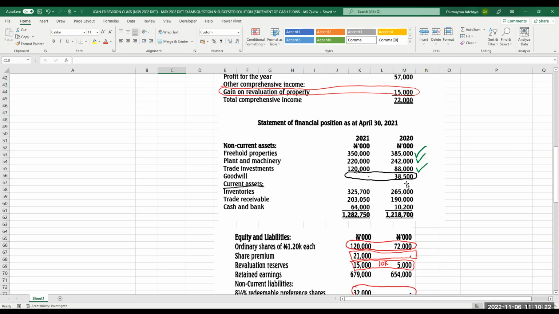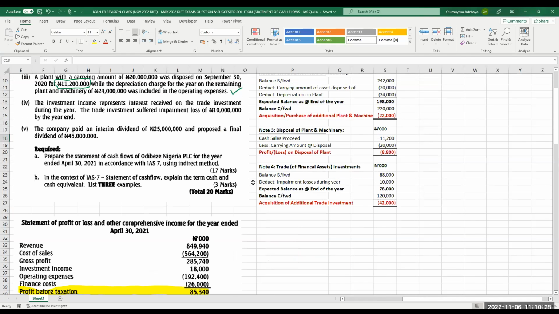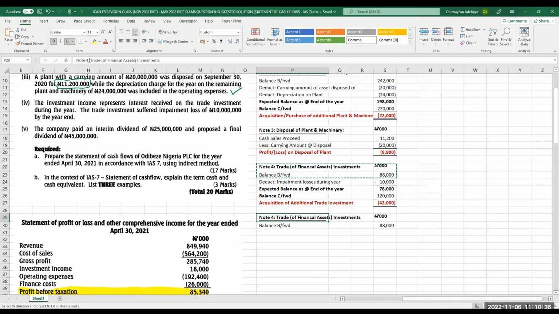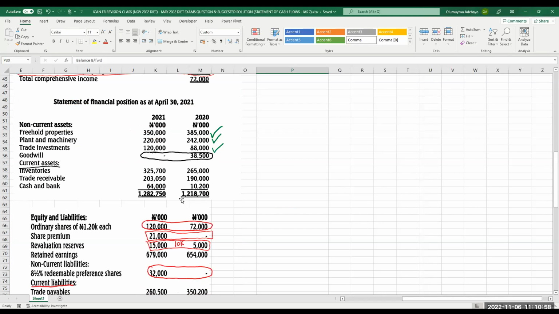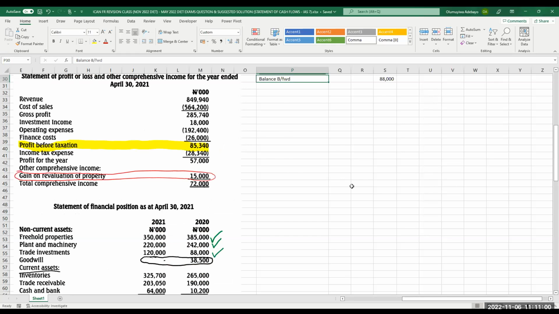Now, let's come to goodwill. Note 5. Goodwill. The balance of goodwill at the beginning of the year was 38.5 million.